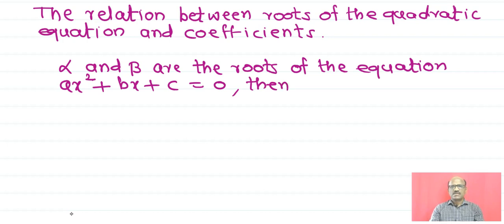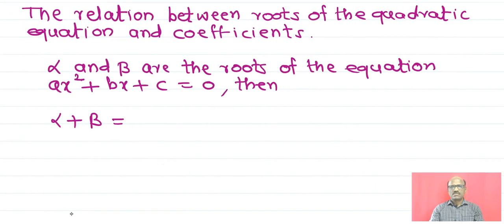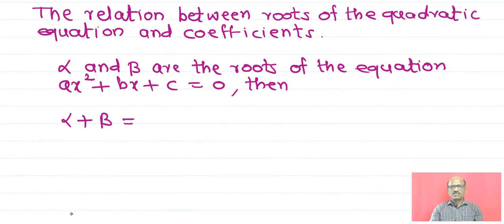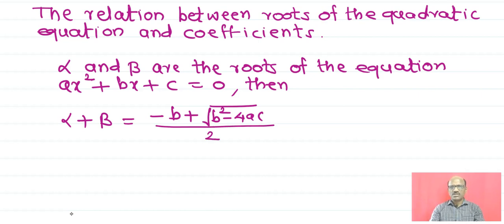Then alpha plus beta is equals to, we'll solve this, that is minus b plus in root of b square minus 4ac. आपण अल्फा साठी प्लस साइन घेणार आणि बीटा साठी मायनस घेणार आणि अल्फा प्लस बीटाची व्हॅल्यू काय मिळणार आपण ते शोधणार आता. That is alpha plus beta is equals to minus b plus root of b square minus 4ac upon 2a plus minus b minus root of b square minus 4ac upon 2a.